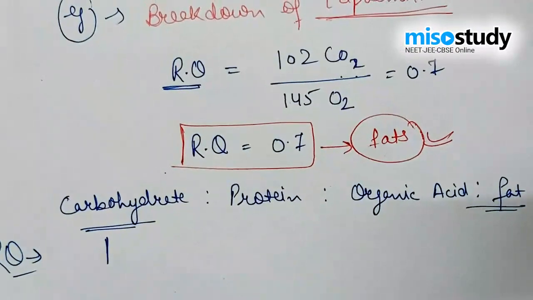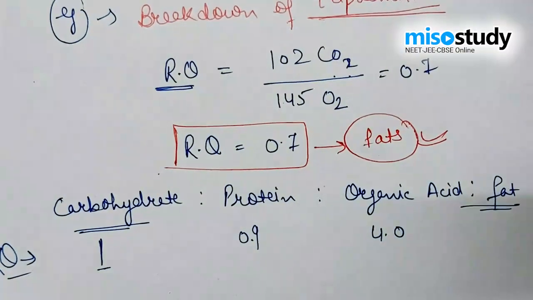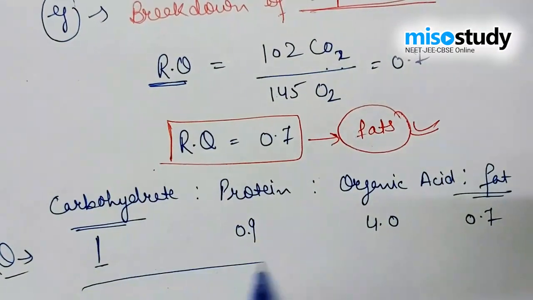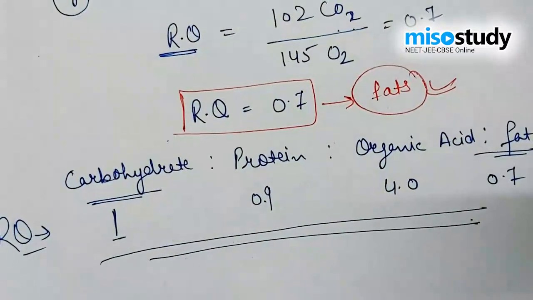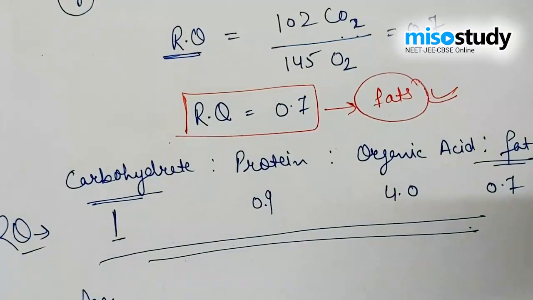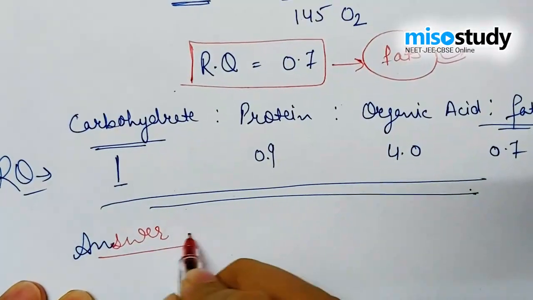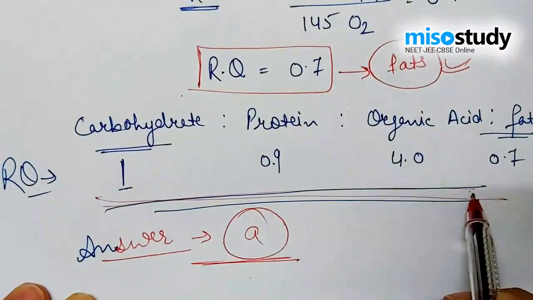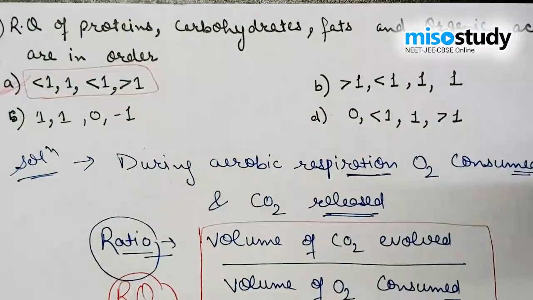In protein it is 0.9, in organic acid it is 4, and in fats the value is 0.7. So in the order in which they are asked in the question, the right answer is option A, and A is the right one in this case.